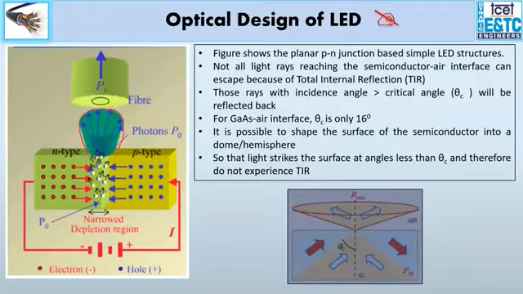As a part of fabrication, you have this micro lens made, so that all the light coming out of the LED converges and gets into the acceptance angle of your fiber, right? So this is the design consideration that we have to use.